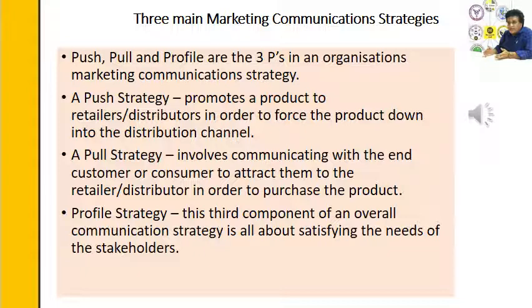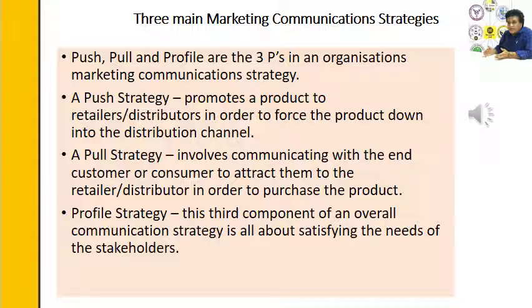Typically, if you see the diagram, in the case of the pull strategy, the flow of goods and services is from manufacturer to wholesaler, retailer, customer, but the communication flow is directly from manufacturer to the customer. In the case of the push strategy, the direction of flow is the same, from manufacturer to wholesaler or distributor, then retailer and customer, and the direction of communication is also the same.